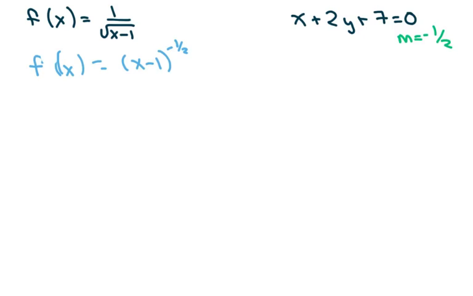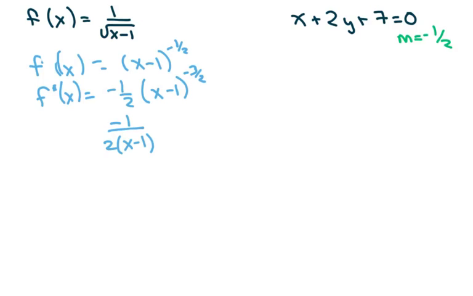The derivative is negative 1/2 times x minus 1 to the negative 3/2. When you simplify that, you get negative 1 over 2 times x minus 1 to the 3/2. That's your derivative.